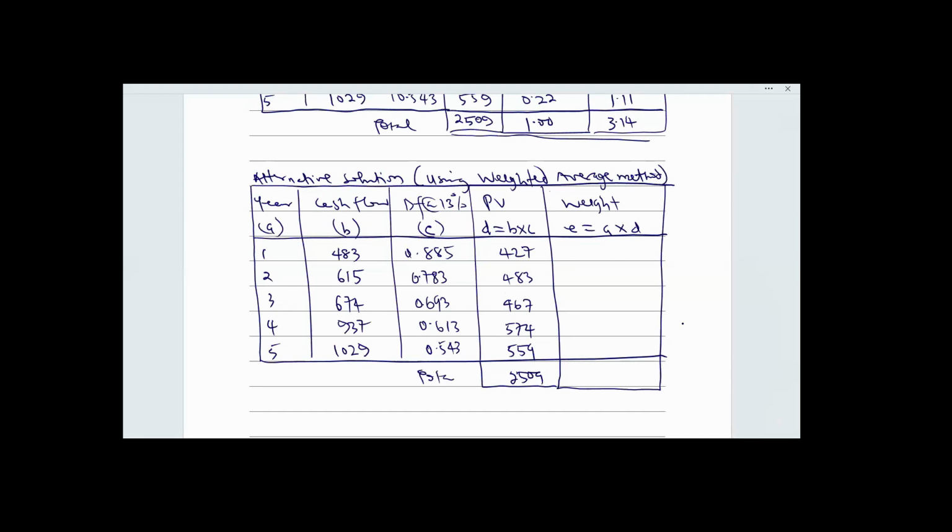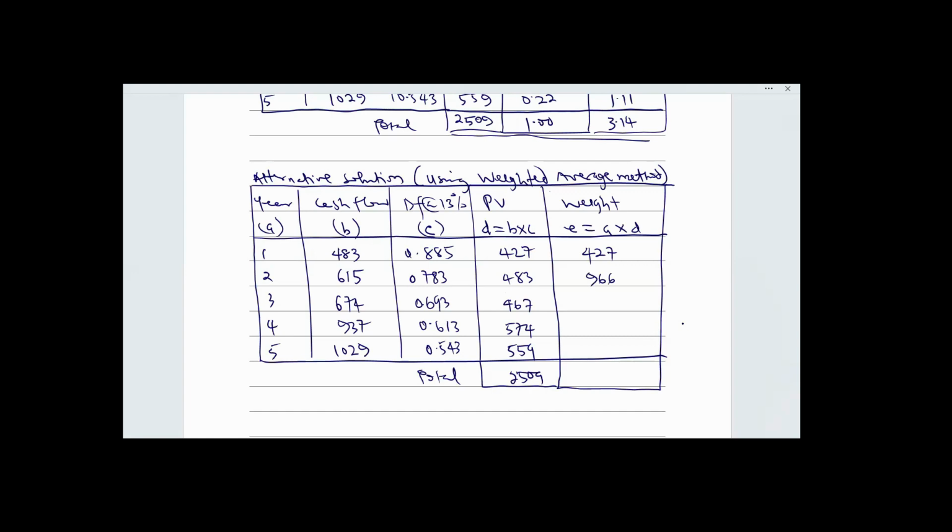So let's get the weights. Here will be 427. What's the weight of the second year? Present value multiplied by number of years. 966.